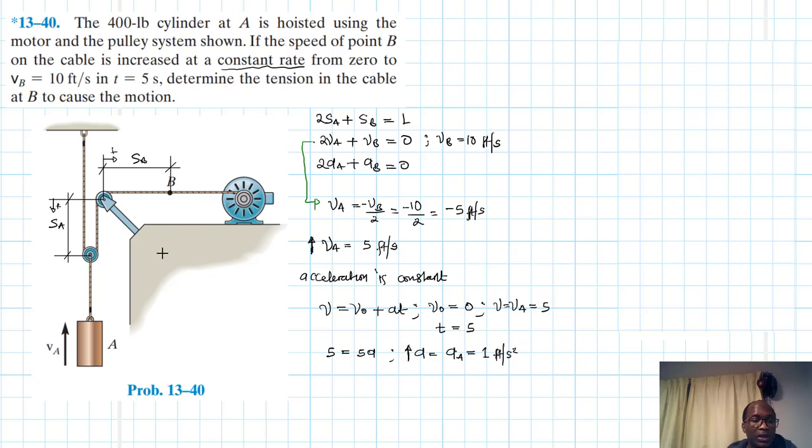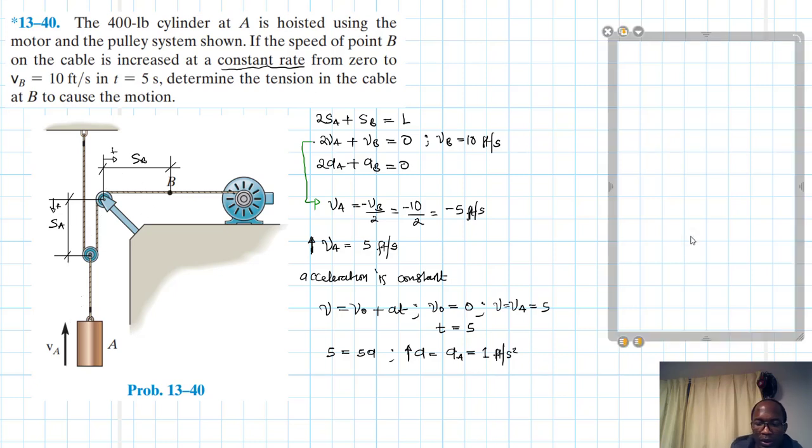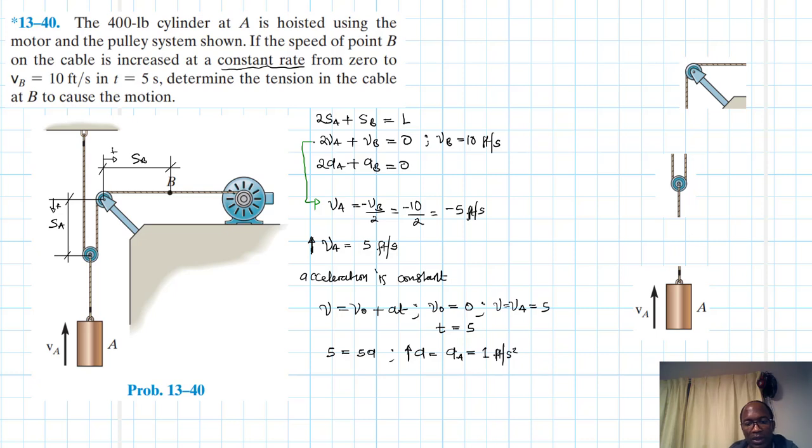So with this acceleration now, we need to write down the equations of motion. So let me just cut this. I just show the tension in this. Once we do that, then we are going to have something like so. So let's write down the tension.